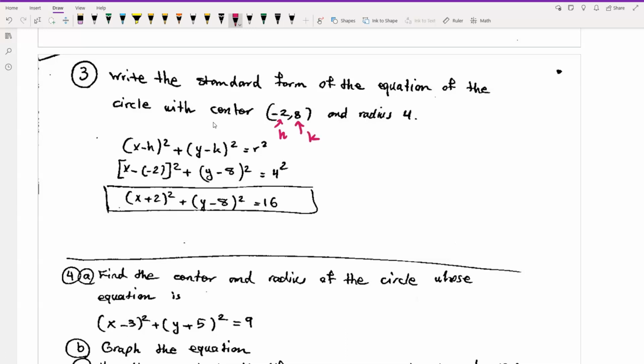So instead of h, use −2, instead of k, use 8. And r is 4, so we have r². This means we have 4². Negative times negative is positive 2. So we have (x + 2)² + (y − 8)² = 16. So this is what we have for our equation.